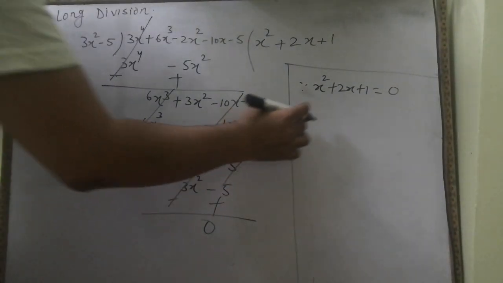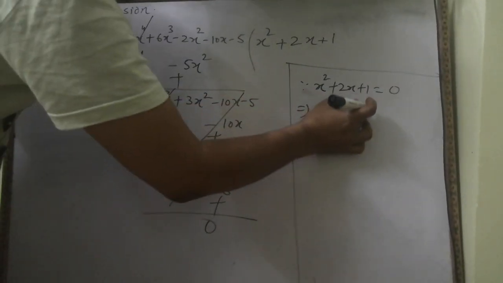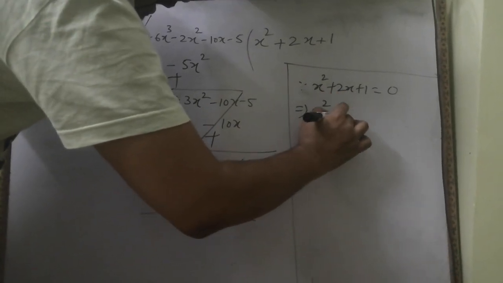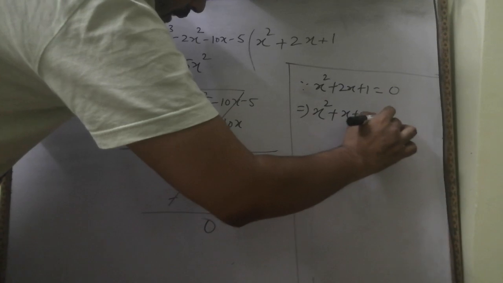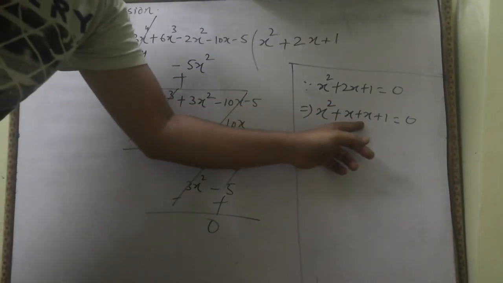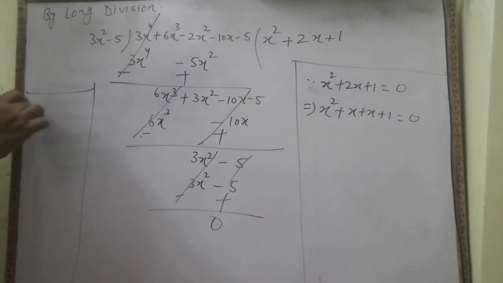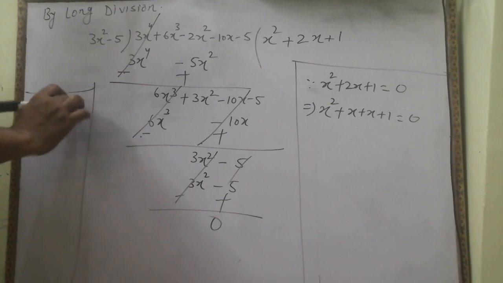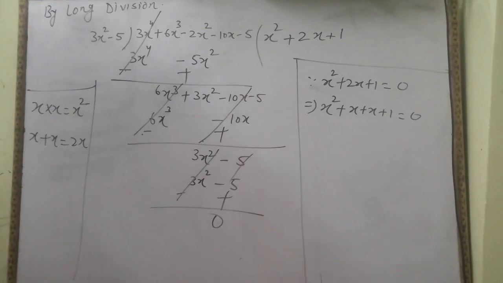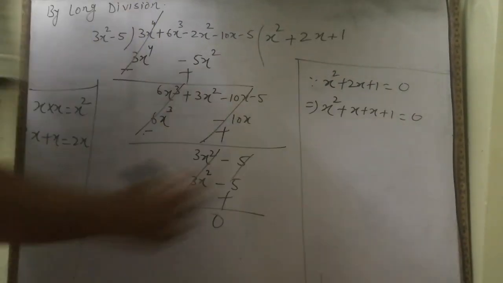We expand the middle term: x square plus x plus x plus 1 is equal to 0, because by multiplying you have to get x square, and by adding you have to get 2x. So only this is x. When you multiply x into x, it becomes x square, and when you add x plus x, it becomes 2x. This is the only situation that fits here.